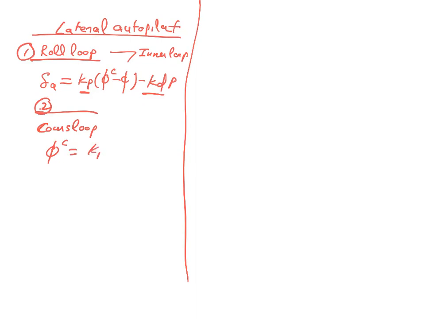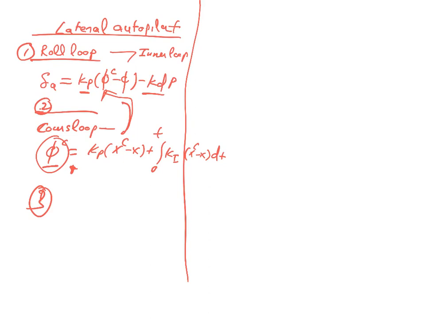So it is Kp (chi commanded minus chi) plus the integral from 0 to t of Ki (chi commanded minus chi) dt. So this is the course loop, slower than the previous loop. First you call this, which gives you phi commanded, and then you put that desired phi commanded in here to get a delta aileron.